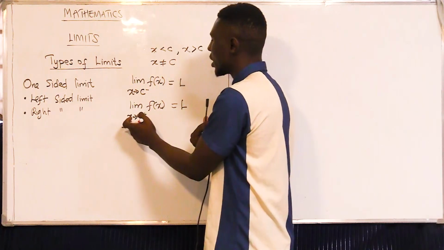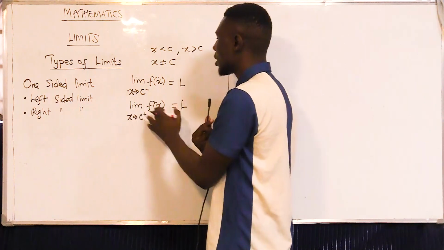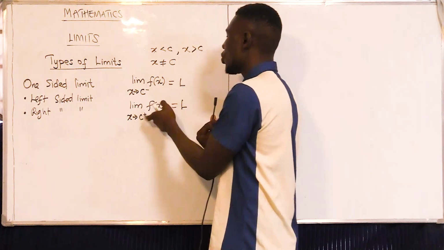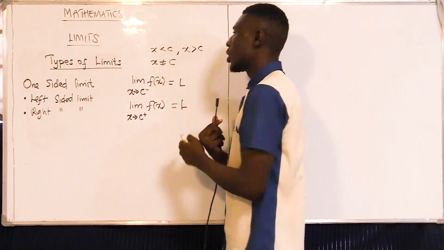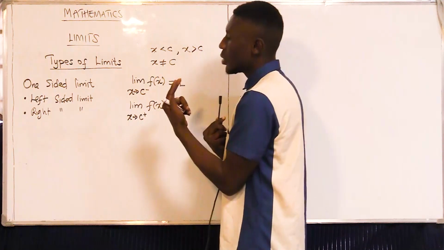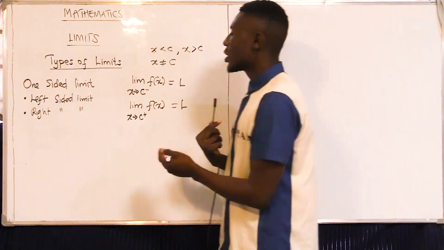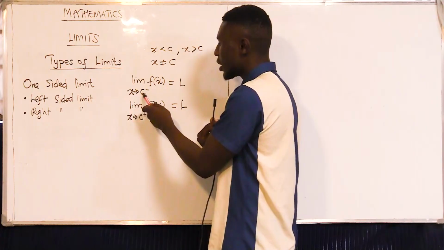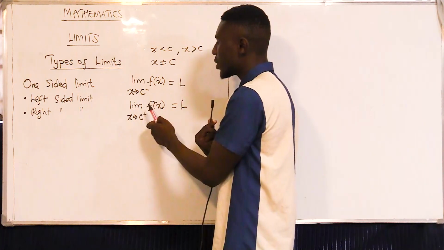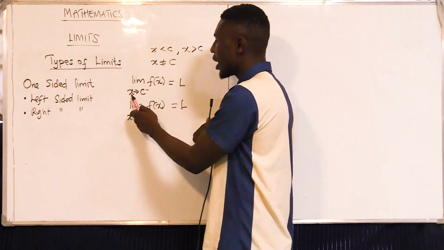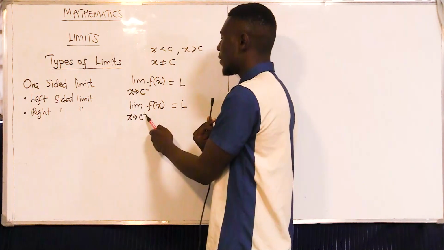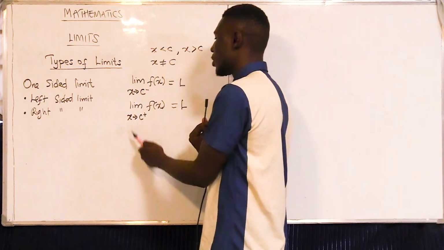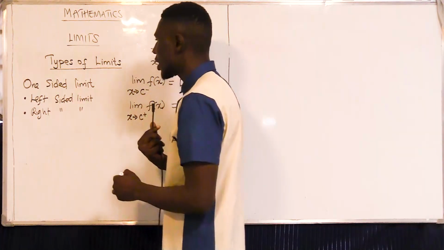And since x, a number larger than c, is approaching c, our function will give us a limit of L. So these are the types of one-sided limits, which are left-sided and right-sided. If it is a negative, you need to understand that c is being approached by x from the left, and if it's a positive, x is approaching c from the right.